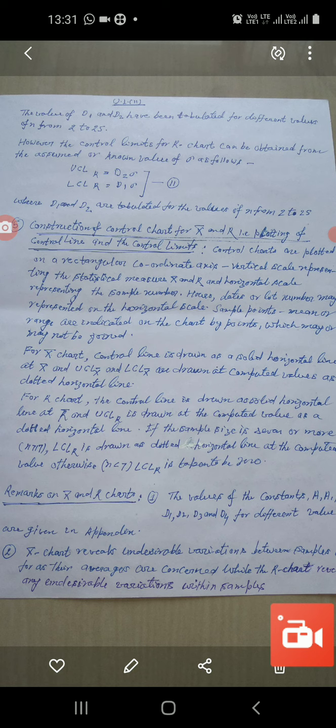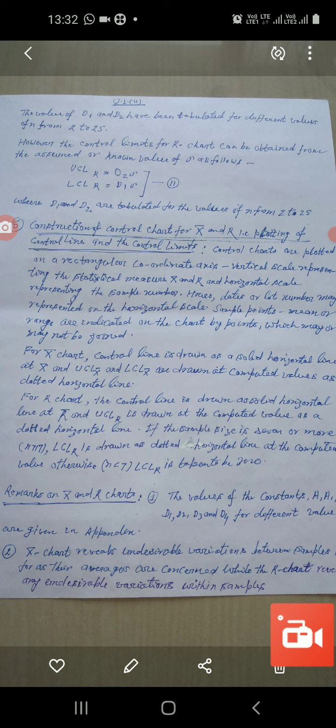So be careful. For the X bar chart, the central line is drawn as a solid horizontal line at X double bar, and UCL X bar and LCL X bar are drawn at computed values as dotted horizontal lines.